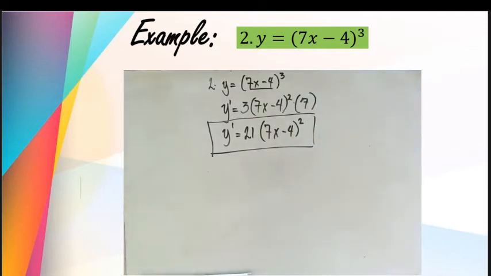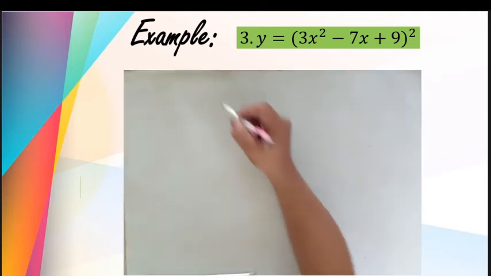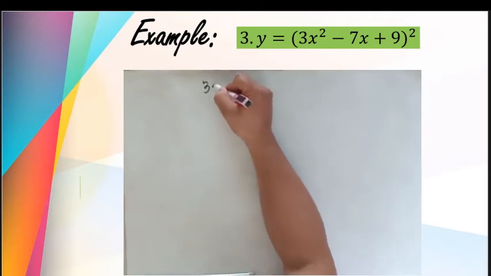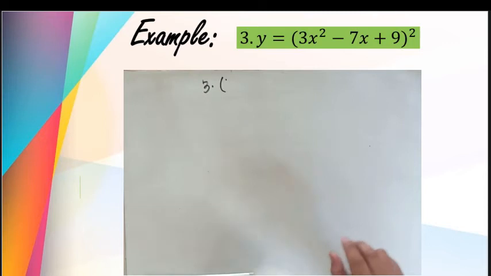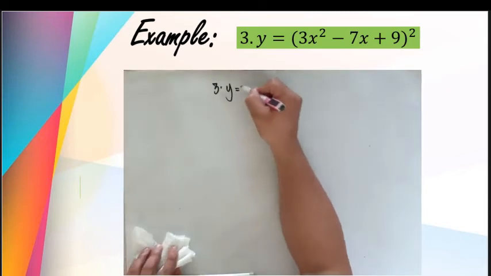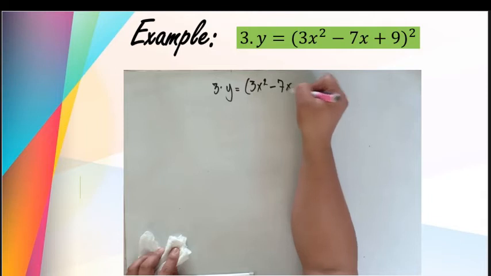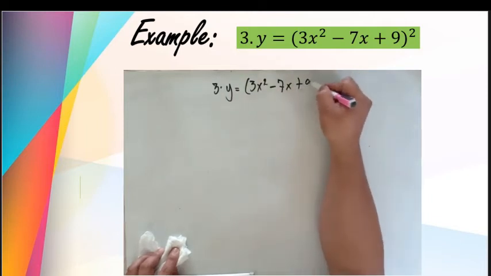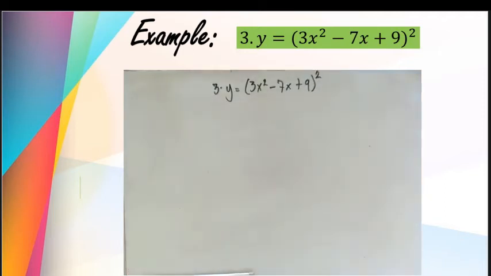Now, let's have the third example. I'm sorry, that's number 3. y is equal to the quantity of 3x squared minus 7x plus 9 raised to the second power.